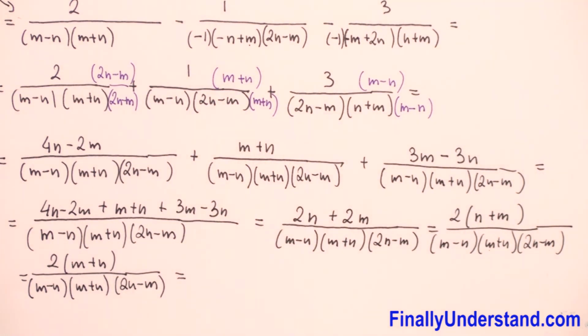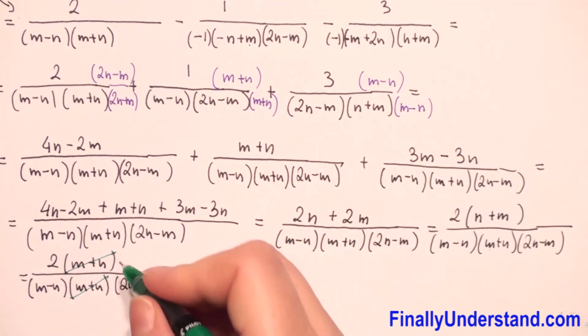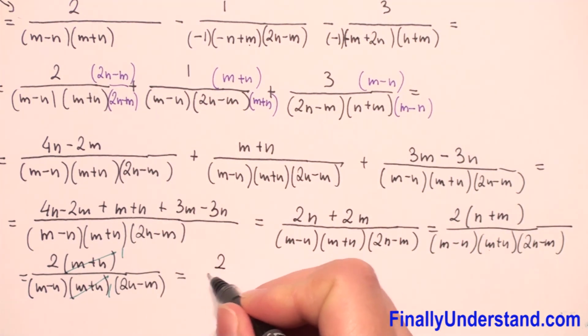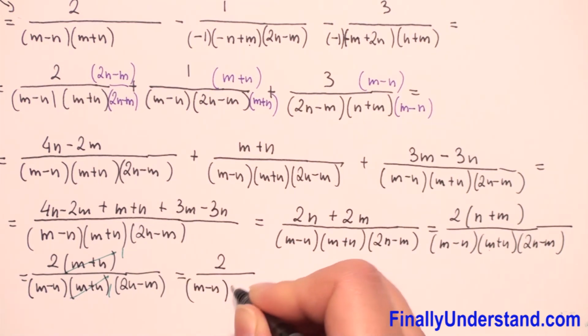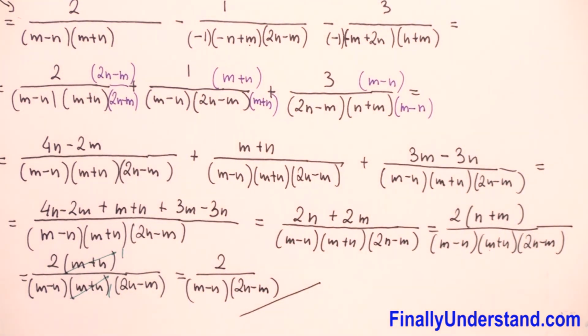Now we have multiplication in the numerator and in the denominator, we can reduce this whole expression. It will be 1, and now we have 2 times 1 is 2 over m minus n times 2n minus m. This is my solution.